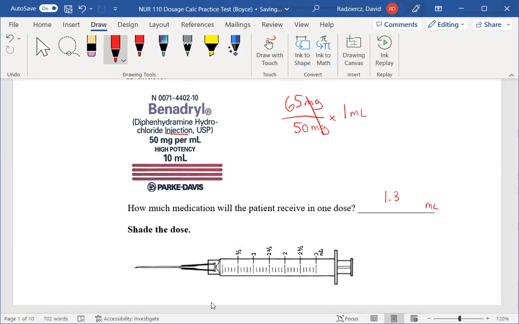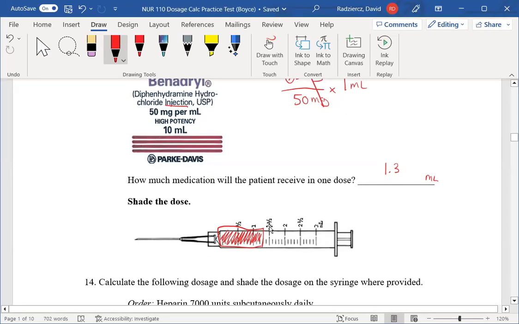So my answer is 1.3. So 1, 2, 3. I'm going to mark at 1.3 and then shade it in. You'll do better than I'm doing with my digital pencil here.